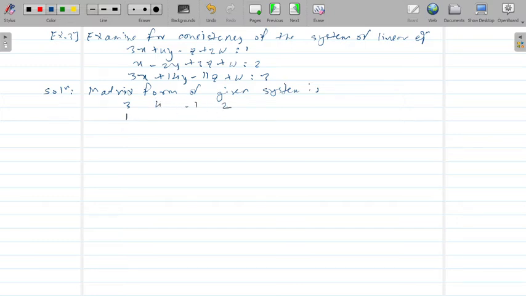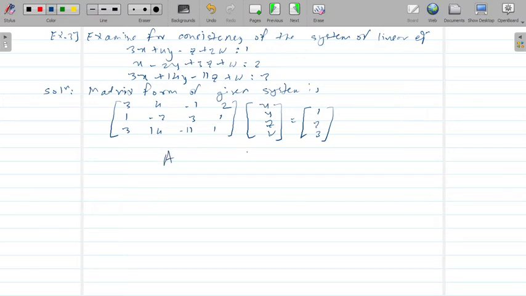Then in the second equation, 1, minus 2, 3, 1. Third equation, 3, 14, minus 11, 1. So this is your coefficient matrix. Then you have to write the matrix of unknowns. So this is x, y, z, w. These are unknowns, or you may call them variables, and equal to the column matrix of RHS constants 1, 2, 3. As all RHS constants are non-zero, it is a non-homogeneous system of linear equations AX equal to B.